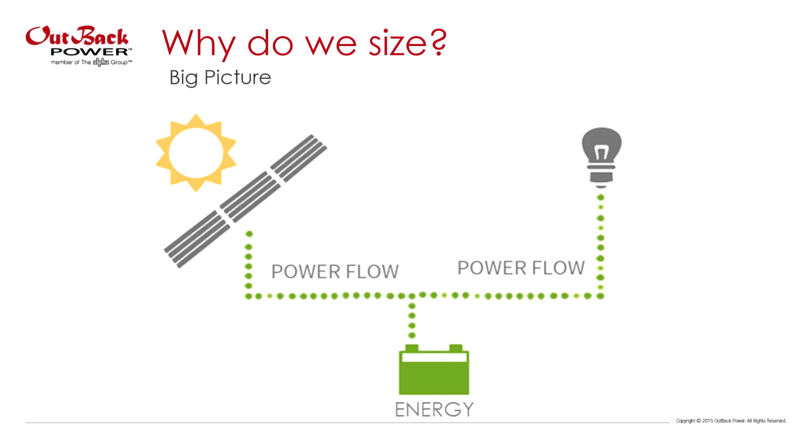If you size your battery too small, you're going to drain or damage your batteries. And if you size your batteries too big, you're going to be spending too much money. Although you do want to oversize your system a certain percent due to losses and input-output fluctuations, loads, and solar conditions. So we'll go over a diagram later that will go over the importance of sizing more in depth.